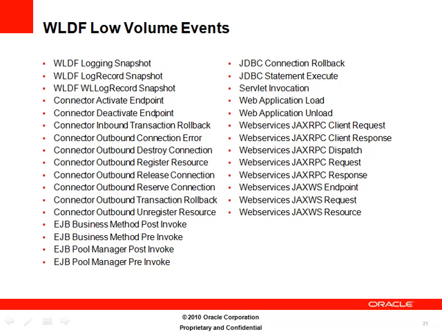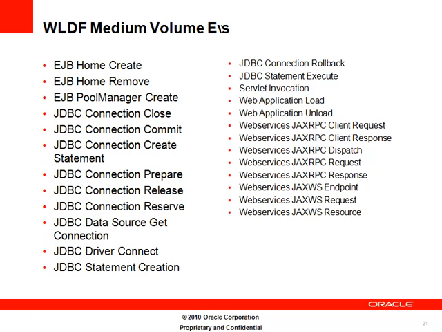Here's some of the events that are generated at a low volume. You will see here events for EJB invocation, JDBC statements, servlet invocation, web application load and unload, web services, JAX-RPC request and response, and JAX-WS request and response. In many cases, this information is sufficient to identify the area or areas for further investigation if you're having a performance problem.